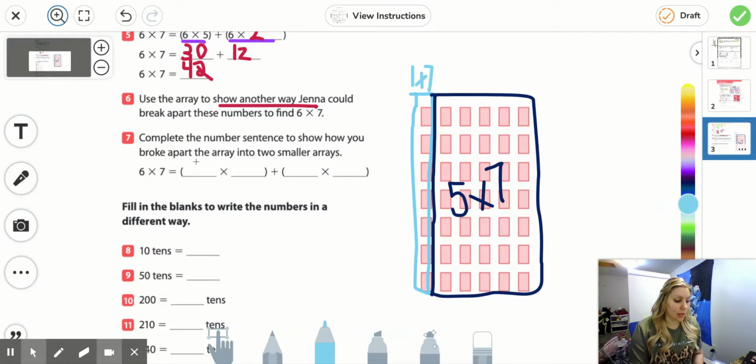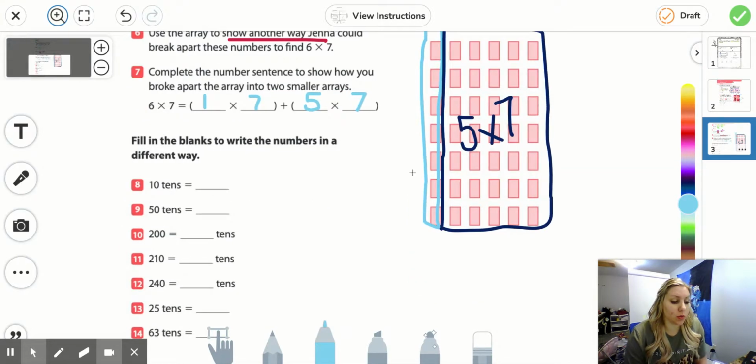So it would be 1 times 7 and 5 times 7. It's another way I could break it apart and still get the same answer. All right, this bottom piece is your turn. Leave this last drawing here so that they can see for this problem, the one that we did together.